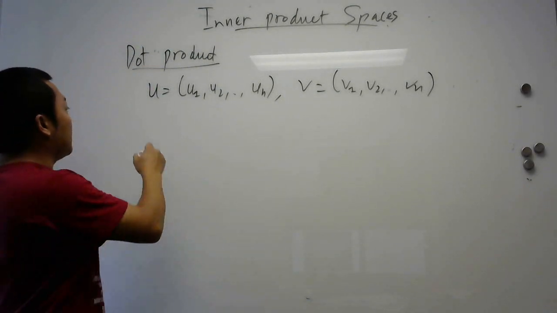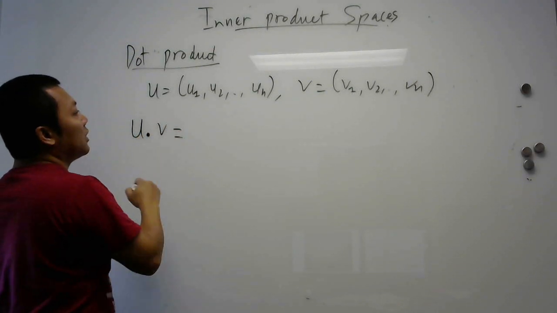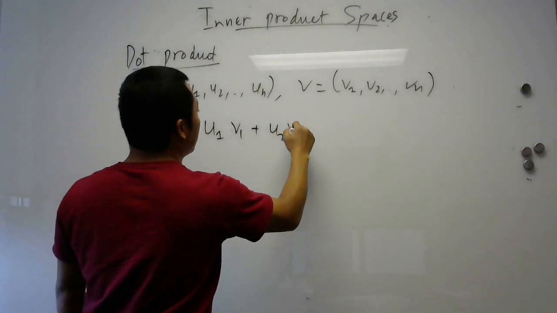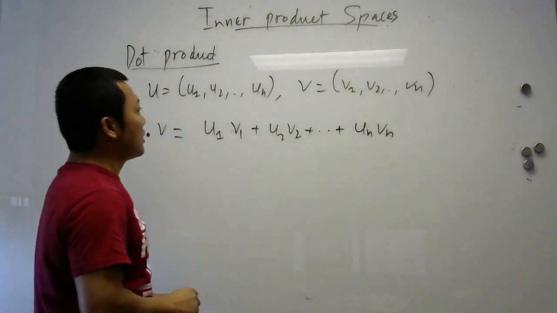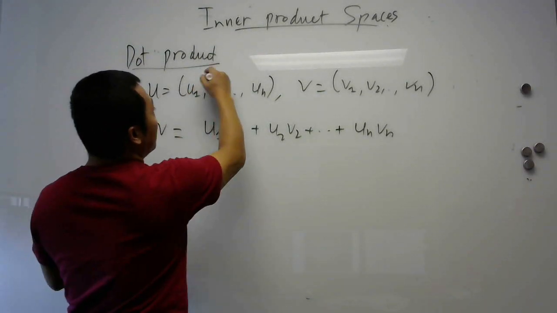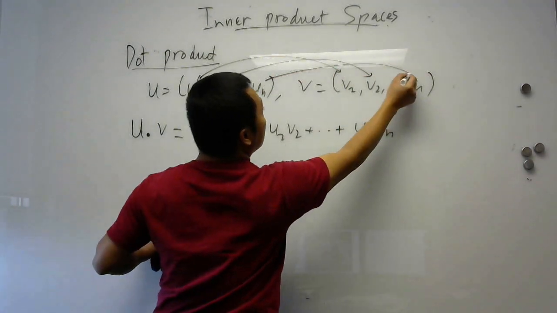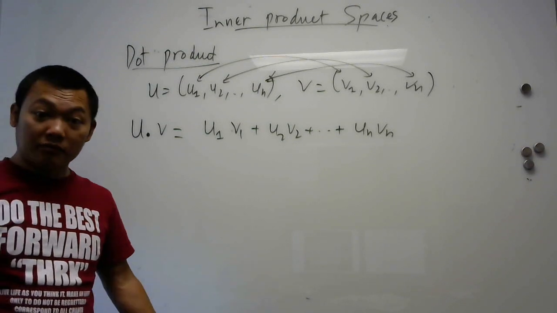The dot product is just u1 times v1 plus u2 times v2 and so on plus un times vn. So basically what you do is multiply corresponding entries of u and v and sum them up. You get the dot product of these two vectors. Make sense?